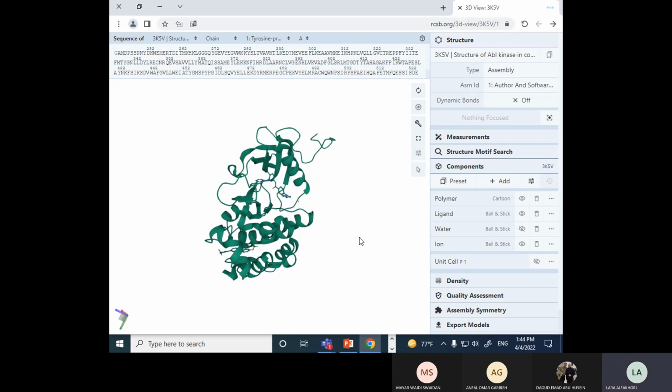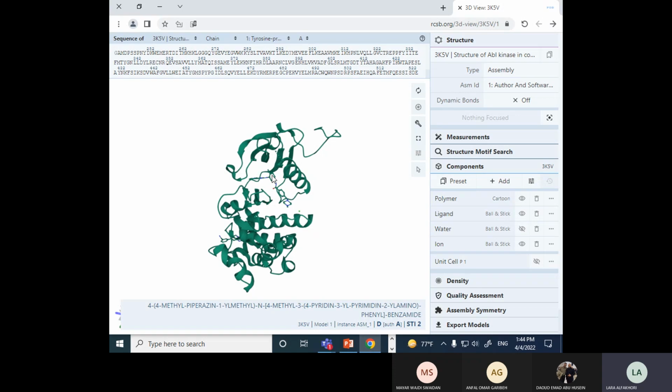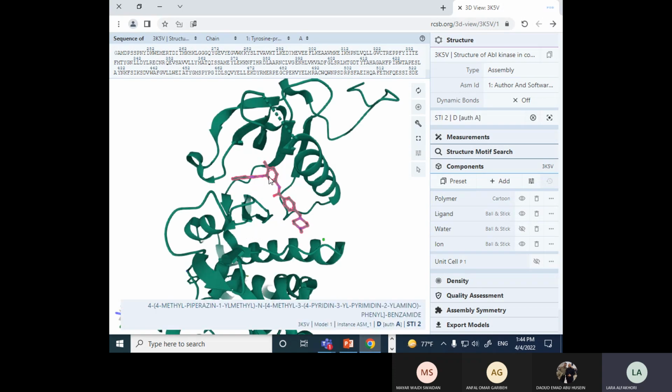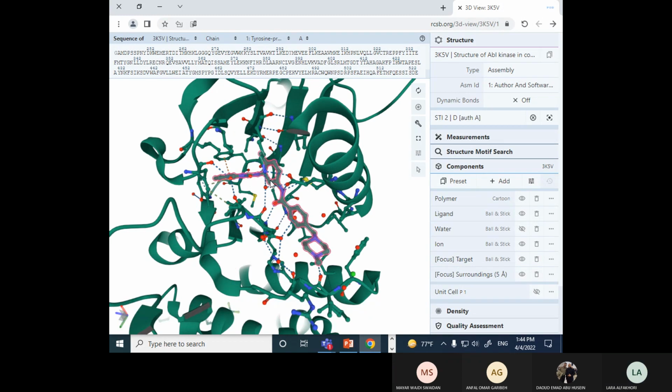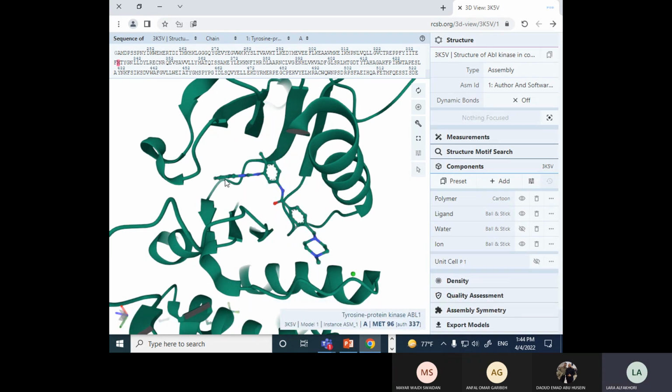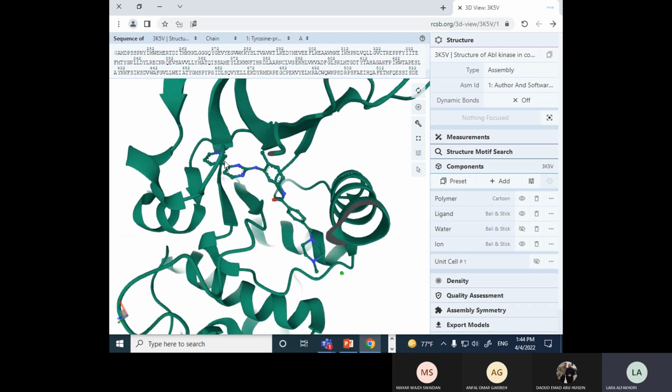So that's the ABL kinase bound to imatinib. Let's zoom in close to the drug. As you can see, it's a type 2 inhibitor. That's the pyrimidine ring in here that binds to the hinge region.